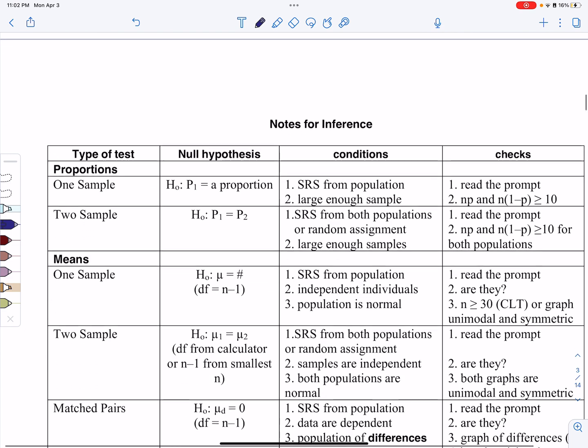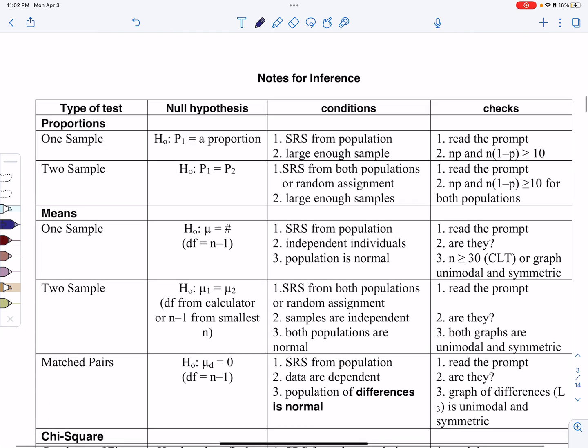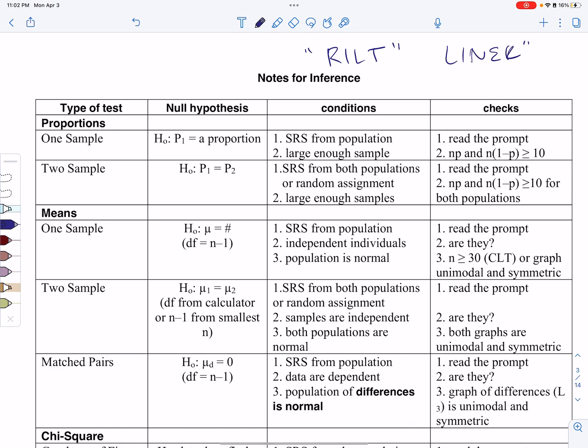Okay, let's jump over to the types of tests and let's look at our conditions. So we're going to look at what RLI looks like and what linear looks like in this. Okay, so for a 1 sample proportion here, my H0 is always P1 equals a proportion, and then your Ha is P1 either not equal to, less than, or greater than that same proportion.